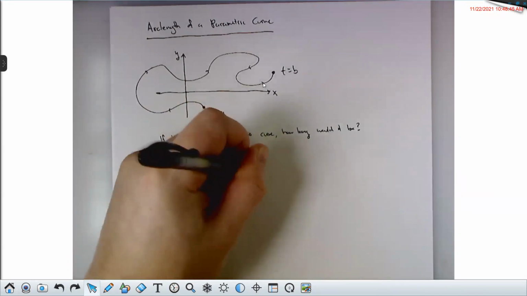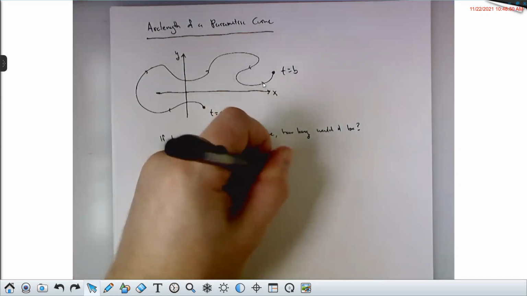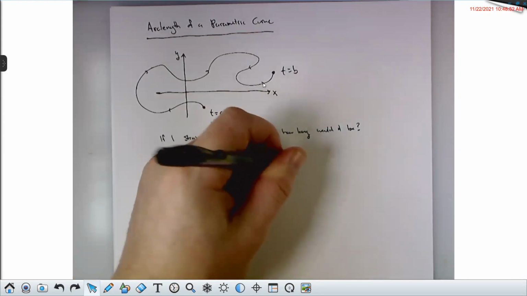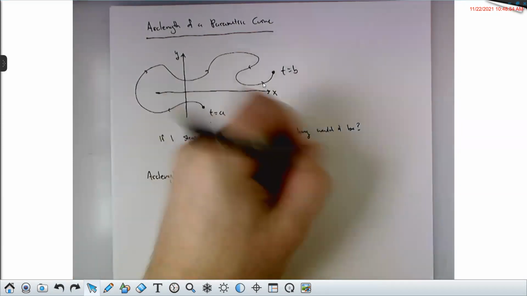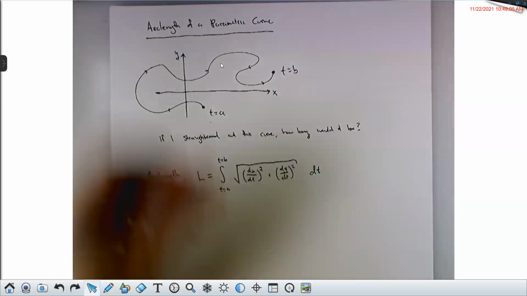It's the square root of (dx/dt) squared plus (dy/dt) squared, dt.